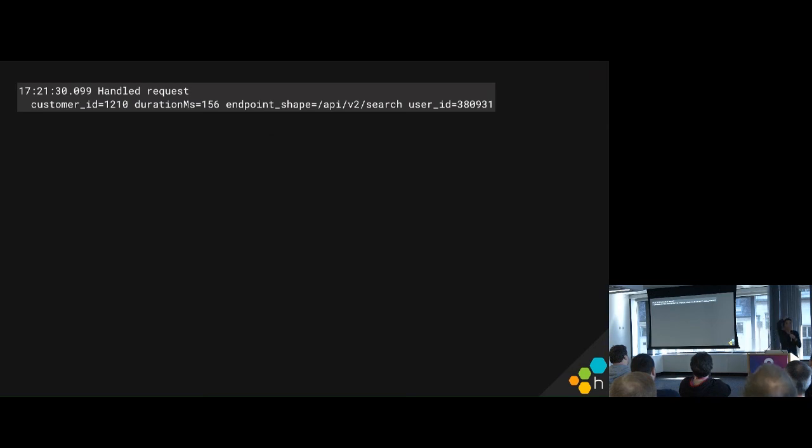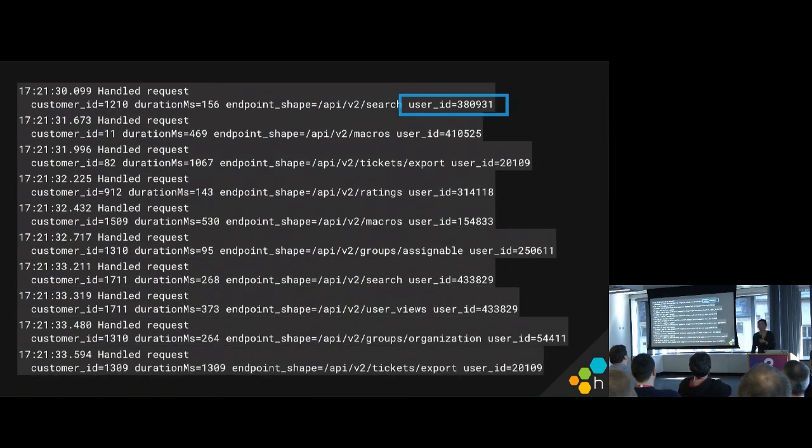Because imagine we're taking our web app, trying to figure out why things have gotten slow. Okay, well, fortunately in our log lines, so far we have all this nice metadata to work with: which customer it is, how long it took, a little bit about where this request hit. This log line might be useful and help me in my development environment. It starts to scale really poorly when trying to figure things out in production, even when we're only handling a few requests per second.